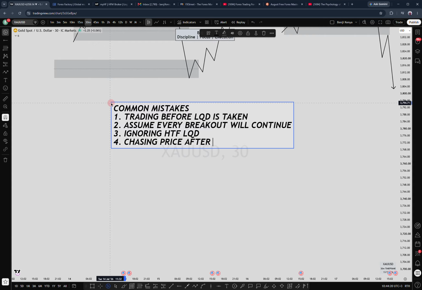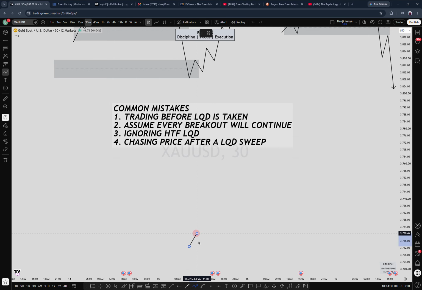Chasing price after a liquidity sweep. Okay, so the market, and this is a common factor, the market has swept liquidity quite well, probably had some equal lows. Swept liquidity, now you're busy chasing the market and you want to get in probably at this level where the market is high, around this level. So wait for a clear reversal.